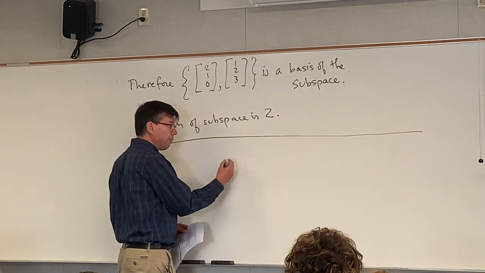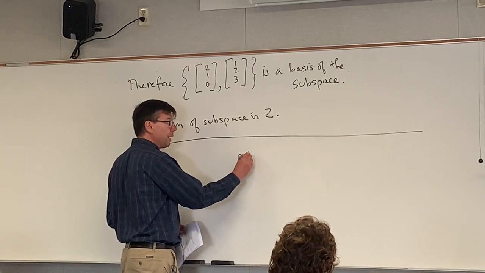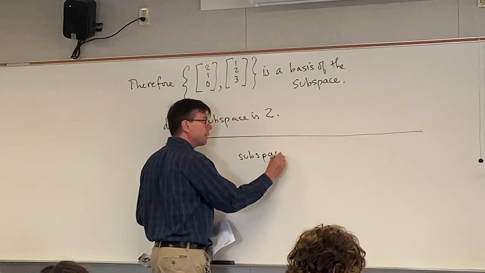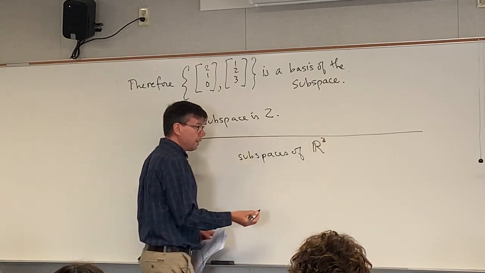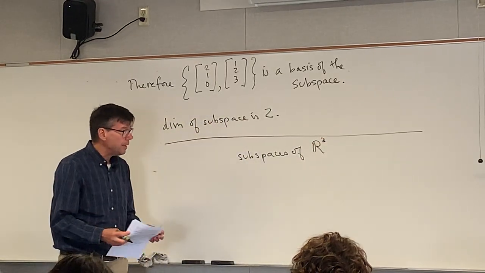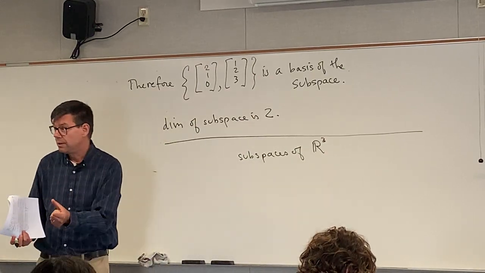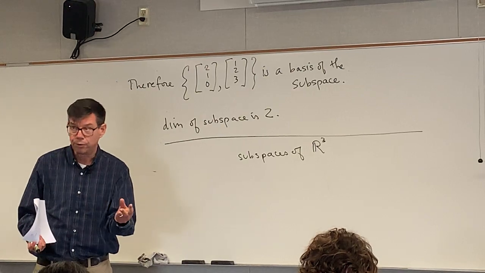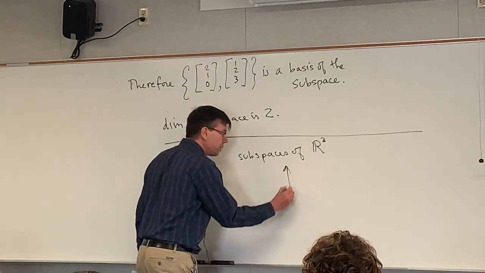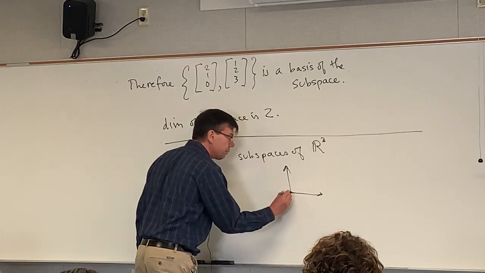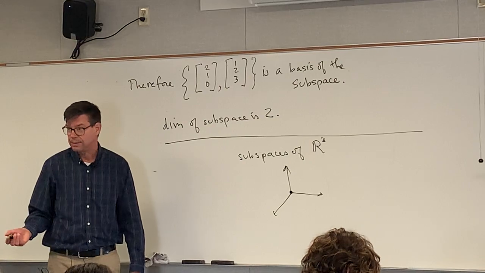The typical example to give is to consider subspaces of R^n, like R^3. The subspaces of R^3 can have dimension 0, 1, 2, or 3. The zero-dimensional subspace is just the origin all by itself, a boring example.